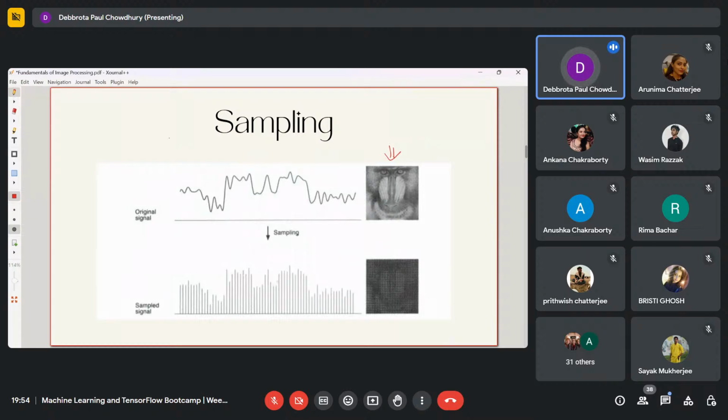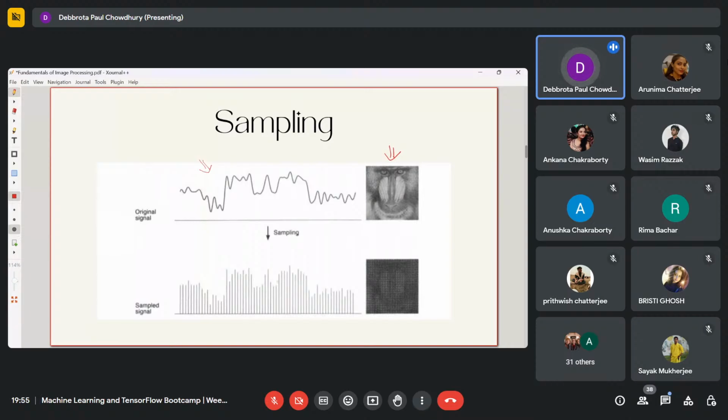We get this signal in our eyes, into our mind, and our mind converts these signals into this image. Now, how can we process this image so that we can see it on our screen?